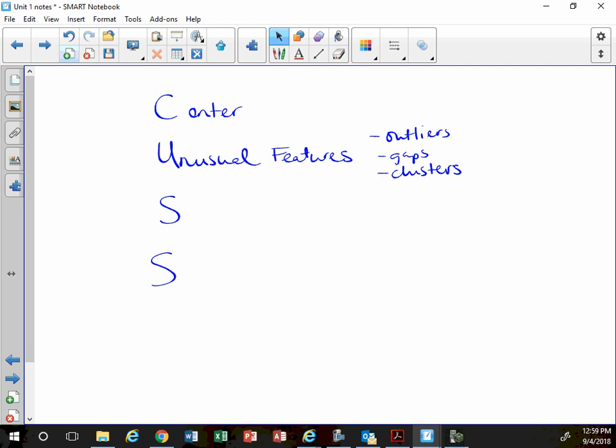Yes, actually state there are no unusual features of whatever your data values are that you're talking about. It's none. Tell me. Okay, so don't just skip over it and go, oh, there weren't any, so I didn't talk about it. Always talk about all of them. Okay? And then my two S's. Shape and spread.